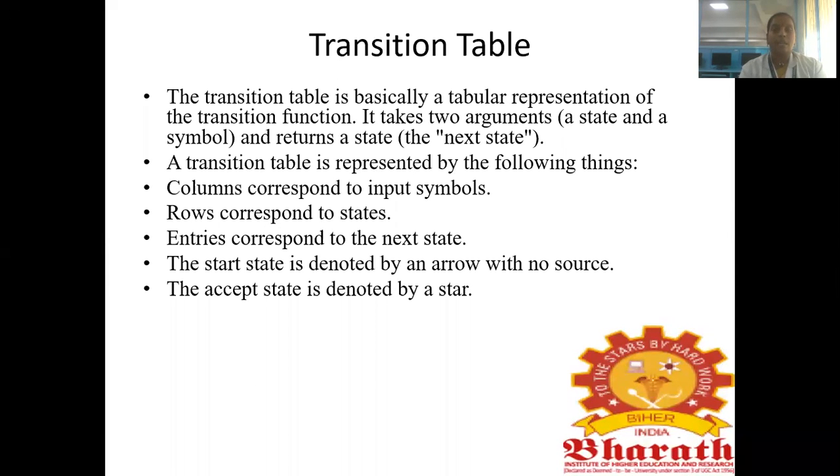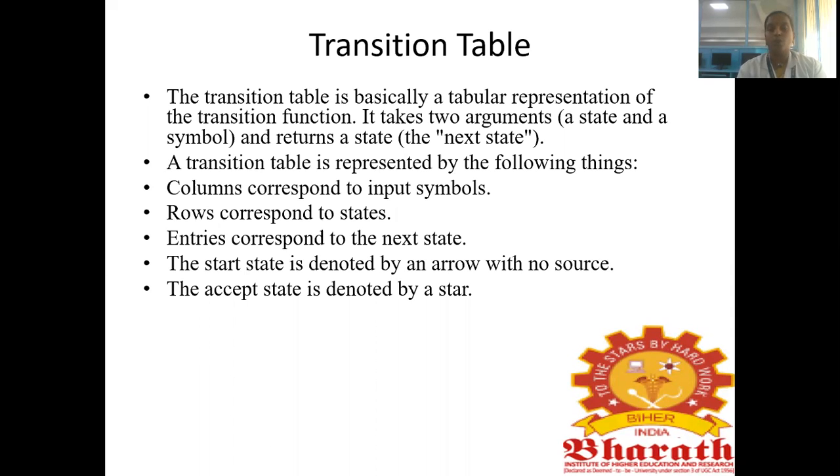So next one is the transition table. You draw the transition diagram, and then the transition table is important for your formal languages. So what is the transition table? This transition table is basically a tabular representation of your transition function. The transition diagram is based on your transition table, and the transition table represents the transition diagram.